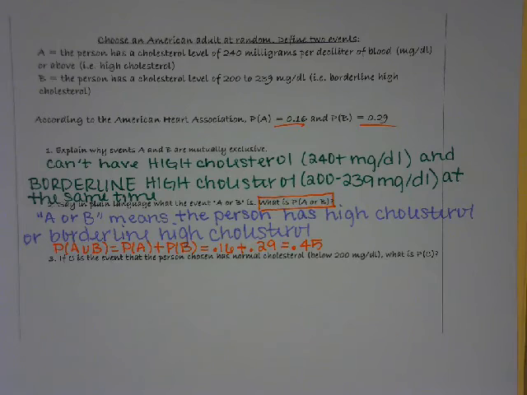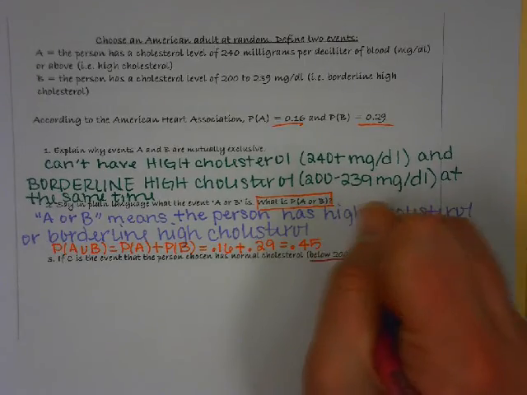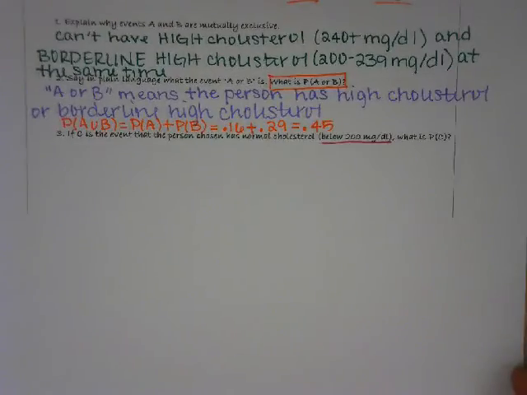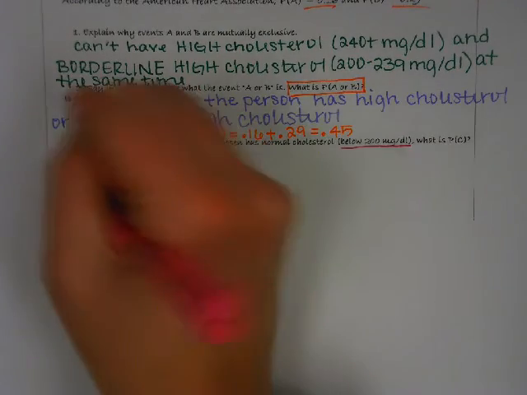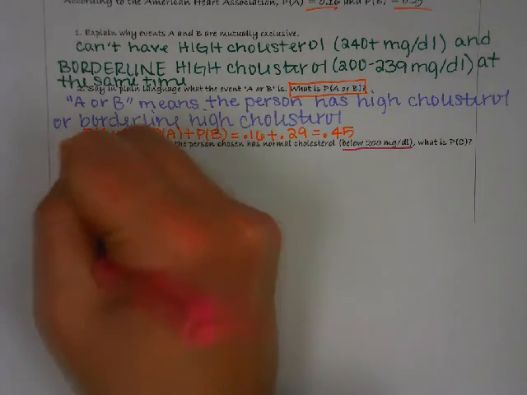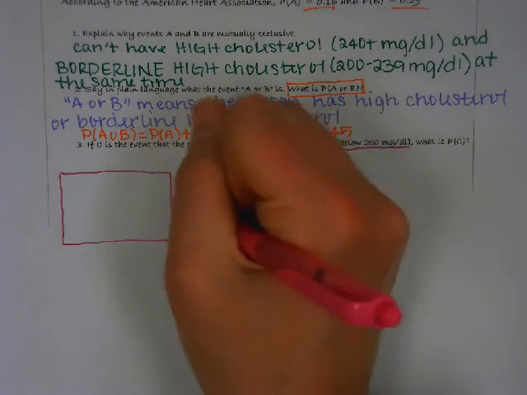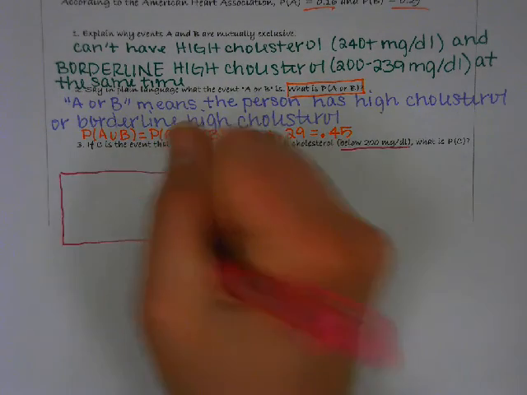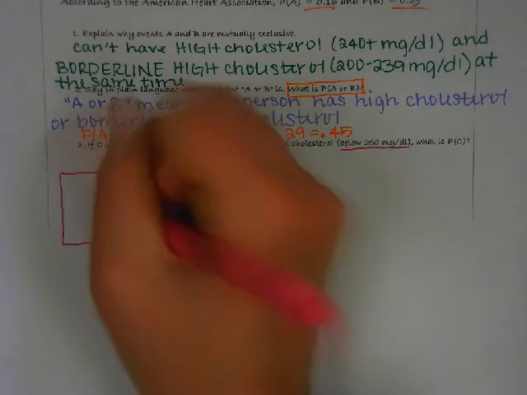And then our last question: if C is the event that the person chosen has normal cholesterol, meaning they have below 200 milligrams per deciliter of blood, what is the probability of C? So this is where a Venn diagram might be helpful. I'm not saying that if you can do it without the Venn diagram you have to do it, but as we get into harder and harder probability questions, it might be helpful. So we have our sample space.